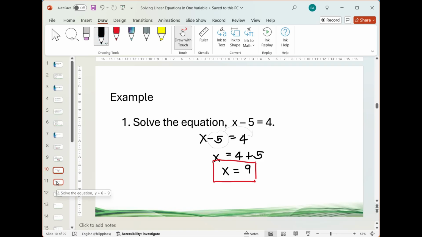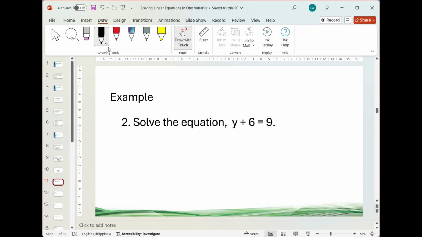Another example. Let us solve the equation y plus 6 is equal to 9. So, kopyahin natin, y plus 6 is equal to 9 using transposition. By the way, class, ang transposition ay shortcut po ng application ng addition property of equality and subtraction property of equality. So, kailangan nag-iisa lang si y dito.